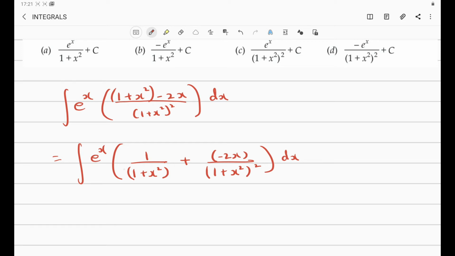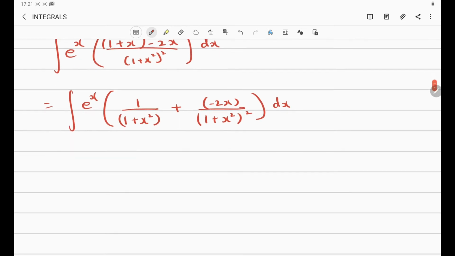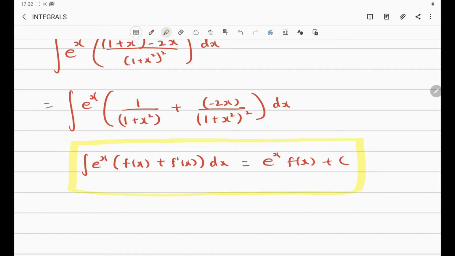So, here if we observe, this resembles the identity of integral of e power x times f of x plus f dash of x dx, which will be equal to e to the power of x into f of x plus c. So, let us see whether we can write in this form.